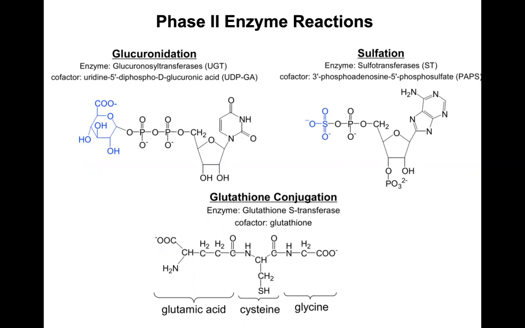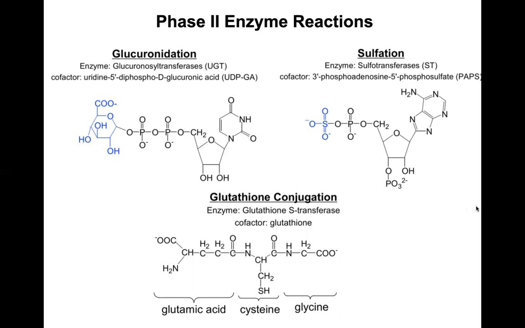As you can see here in the picture, the phase 2 enzyme reaction involves three different enzymes: glucuronidase or UGT in glucuronidation, sulfotransferase or ST involved in sulfation, and glutathione S-transferase involved in glutathione conjugation. We're going to explain about the GST, or glutathione S-transferase.